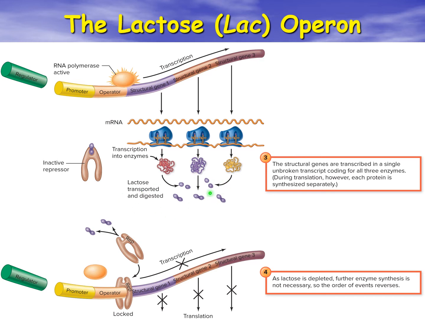This is one of these regulatory genes, basically, in that we only turn it on when we need it. It takes energy to make these proteins, so if we don't have lactose present, why spend the energy making all these enzymes when they're not needed?